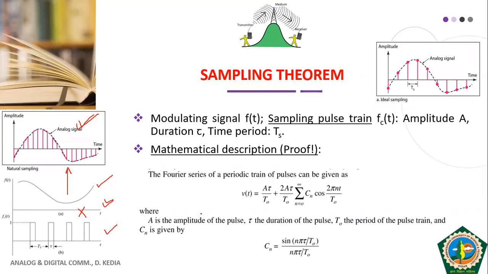If you remember, I represented my periodic train of pulses with the help of Fourier series, and this is my Fourier series representation for a periodic train of pulses, where Cn is the Fourier series coefficient, and this is the representation in the form of a summation of cosines. This we have already covered during our discussion on pulse amplitude modulation.